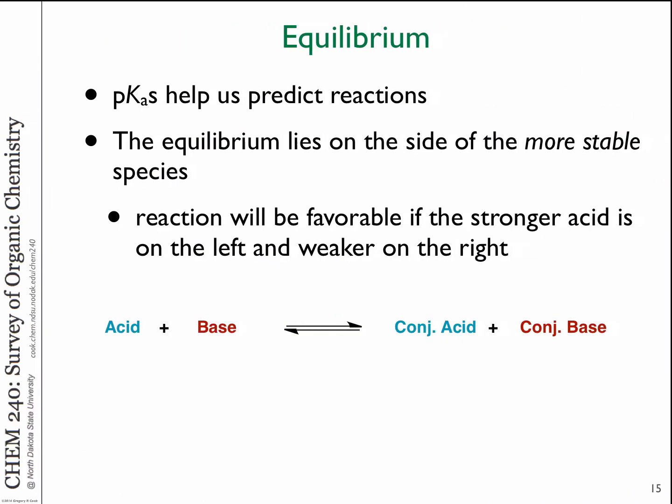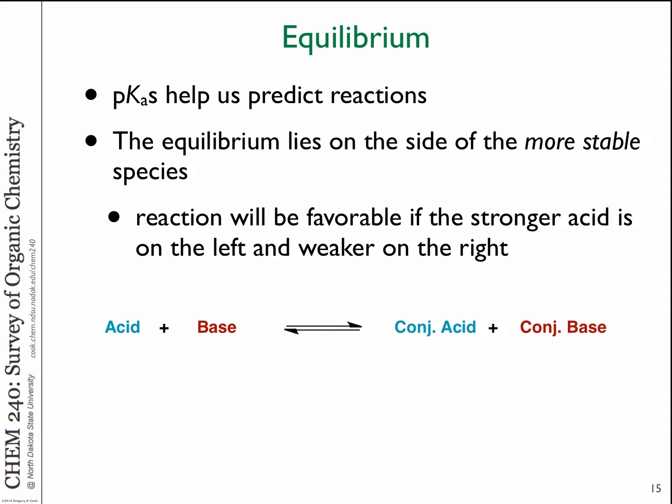So, having an idea about relative acidities and what structural features might make something more or less acidic can help us predict reactions. And knowing the pKa numbers, of course, then it's easy. We have an acid reacting with a base. It forms a conjugate acid and a conjugate base. And if you know the pKa of the acid and the conjugate acid, you can predict which side that reaction would lie on.